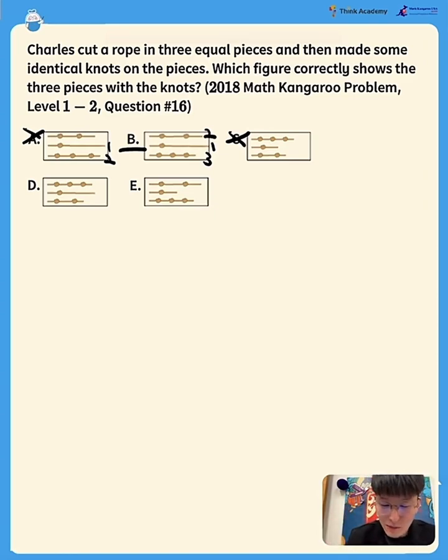What about D, everyone? The longest for D is with 1 knot, so that means it's correct. What about the second longest? The second longest is the one with 3 knots. So that means not this one. What about E, okay? For E, again, the rope with just 1 knot is the shortest, so that means obviously not correct.